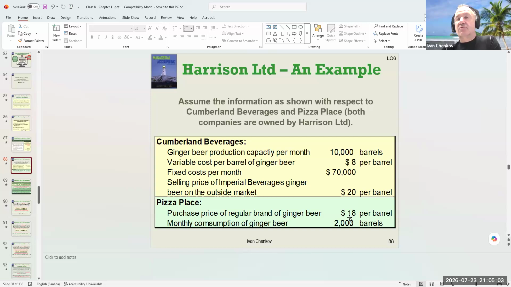In that case, the transfer price is never going to happen. Why? Because the pizza place is never going to purchase the ginger beer from us internally for $20 when it can find it outside for 18. And it's in the best interest of the company for the pizza place to keep buying from outside for 18, because it's $2 cheaper.